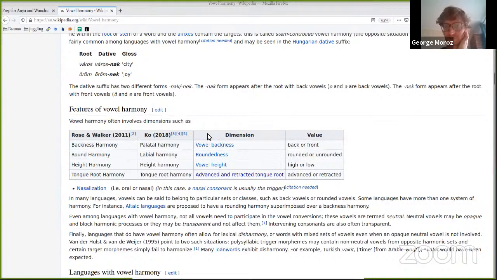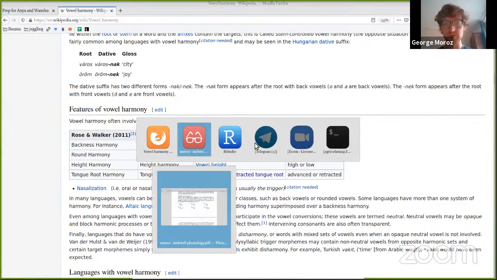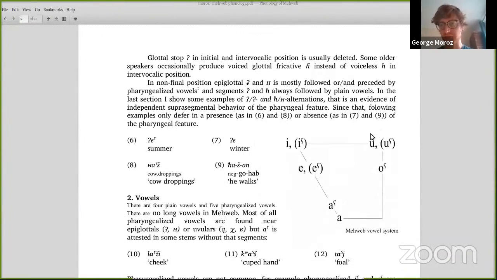Here is the list of different features that are involved in this harmony. It could be vowel backness. For instance, we have front vowels and the rest, so the vowel system is somehow split into two parts like this.